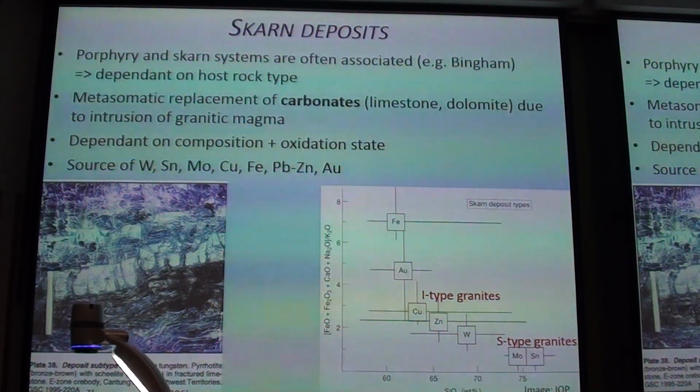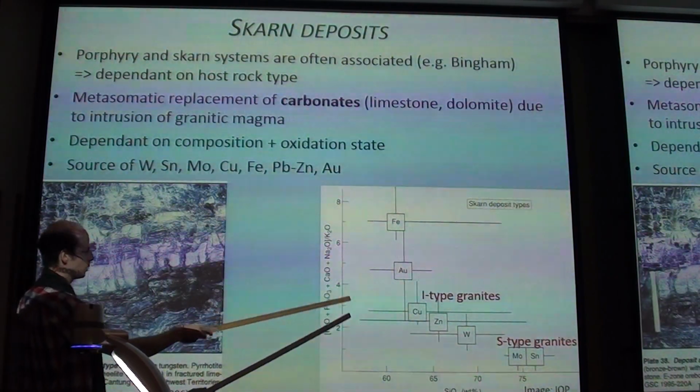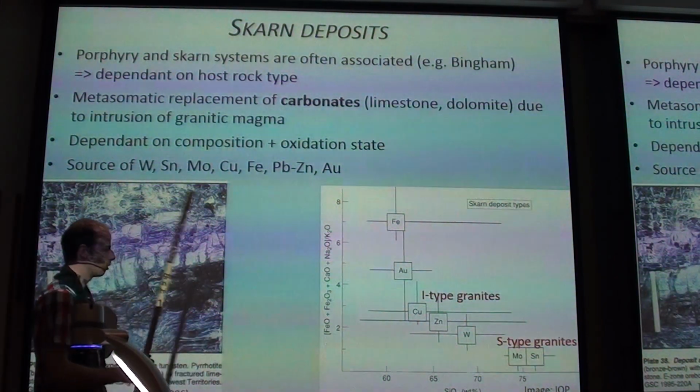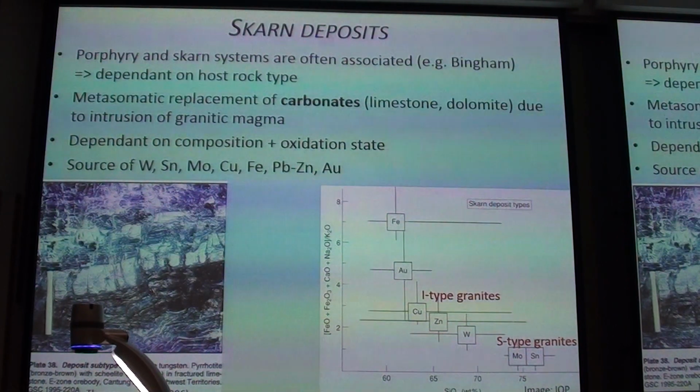And these SKARN deposits are related, as I mentioned, not necessarily to the magma type, but different magma types come related to different ore deposit types. As you can see, I-type granites tend to be associated with copper and zinc and gold, whereas S-type granites tend to be associated with tin and molybdenum.